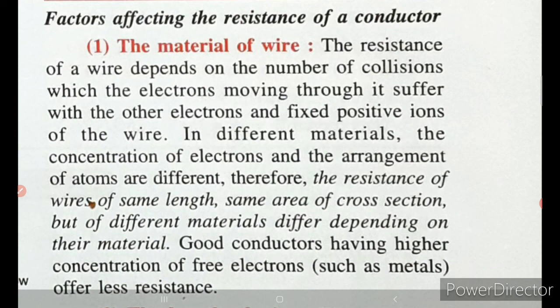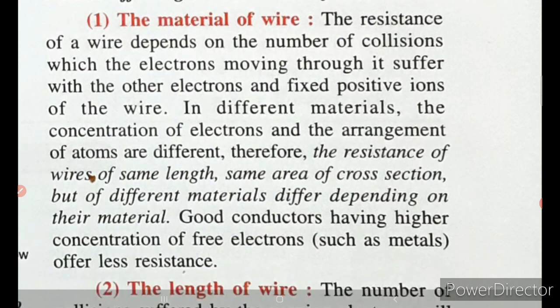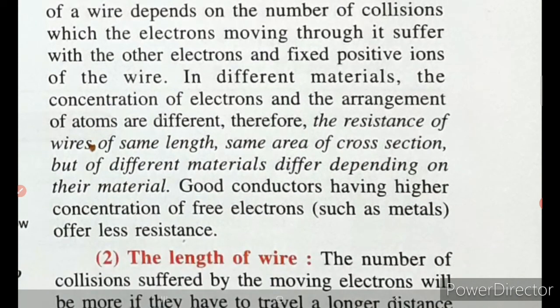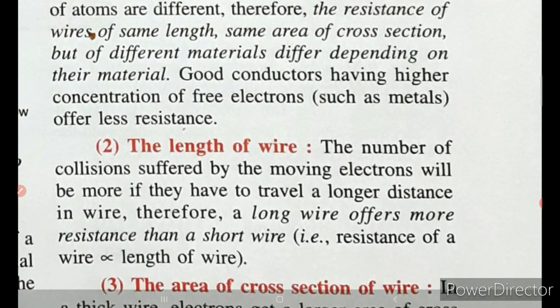In different materials, the concentration of electrons and the arrangement of atoms are different. Therefore, the resistance of wires of the same length and same area of cross section but of different materials will be different. Those with more free electrons offer less resistance, and those with fewer free electrons offer more resistance. Good conductors have a high concentration of electrons, so they have less resistance, whereas bad conductors or insulators have high resistance.